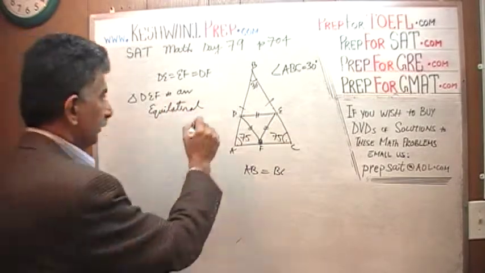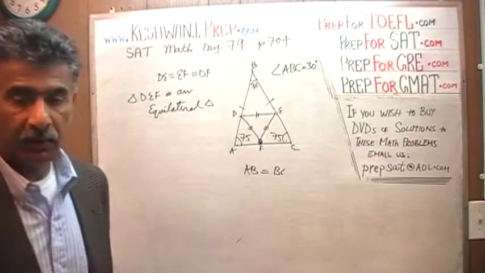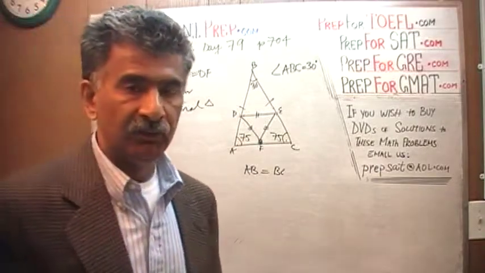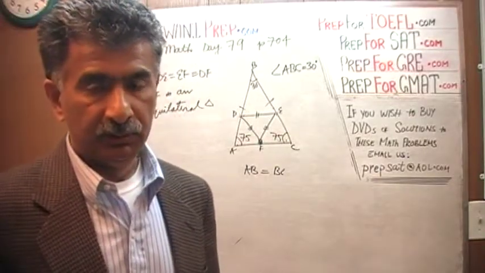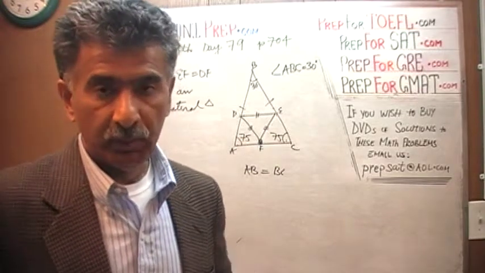Now, if the triangle is equilateral, what do we know about the angles? The three angles would have to be equal to each other. That's what equilateral triangle means.